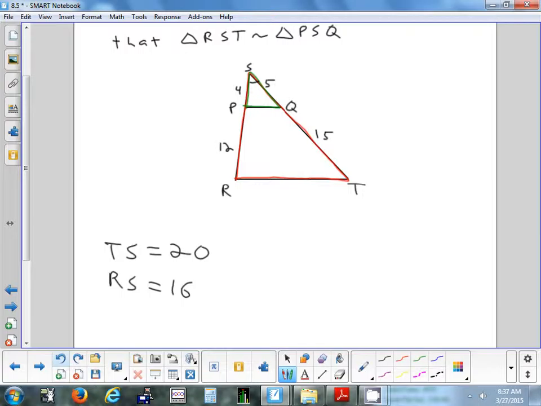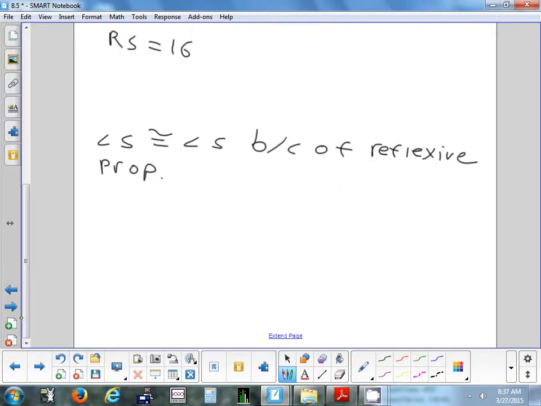I want to set something up to see if the sides of the big triangle and the small triangle are proportional. 20 to 5. Okay, so he's saying 20 to 5. Okay, so let's say next, set up a proportion. Maybe we should even write down what we're going to set up, and then we'll plug the numbers in.